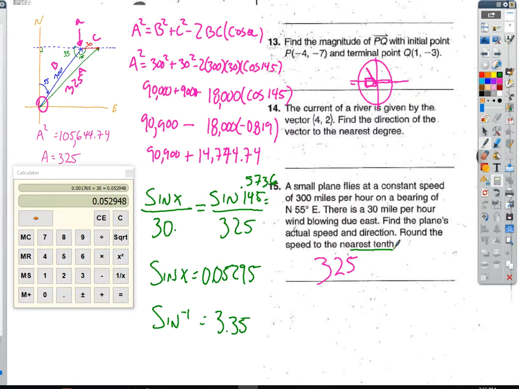Oh, that's the speed. Okay, round the speed, okay. So we know that this angle here is 3.35. 3.35 plus 55 is going to be north 58.3 degrees east. And there we have it, folks.